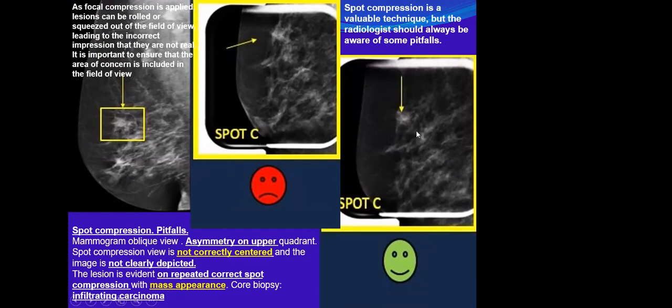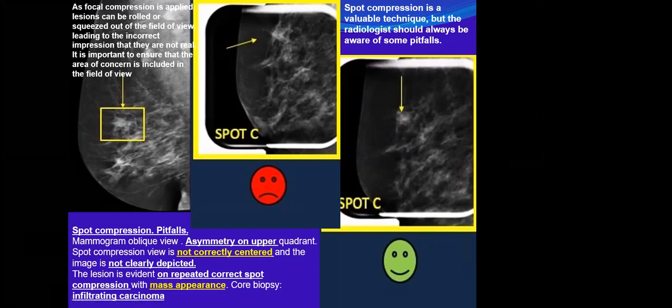But when they center it here, you see the adjacent fibroglandular summation tissue spreading away and demonstrating a spiculated mass, which demonstrated infiltrating carcinoma on core biopsy.